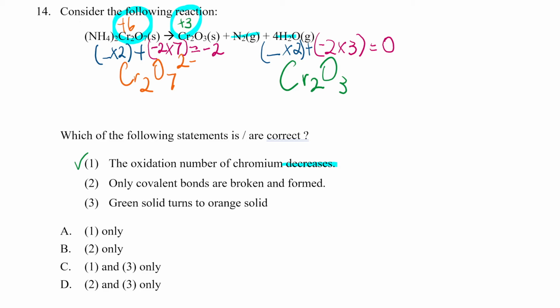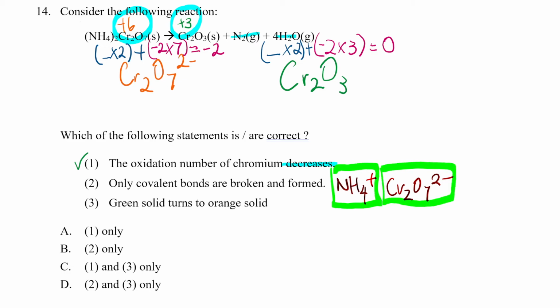Don't worry. Remember I said you could split it into two because it looks kind of familiar on the left over here? Just bring that back down here. You had NH4+, which is the ammonium ion, and you had Cr2O7 2-, which is the dichromate ion. Now it's pretty simple. You can see there are two ions present.